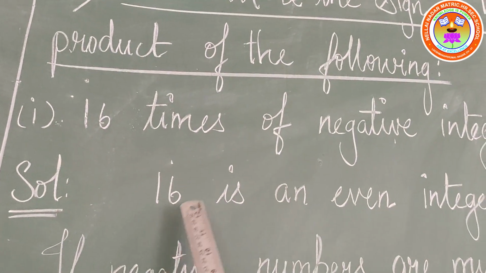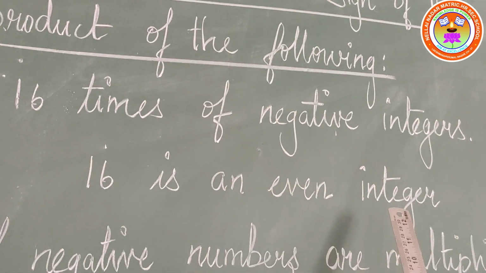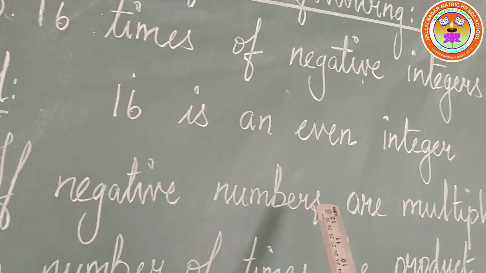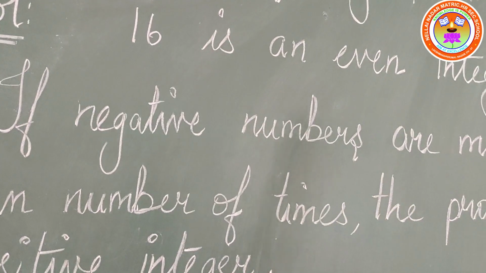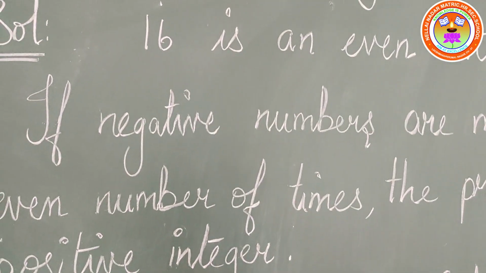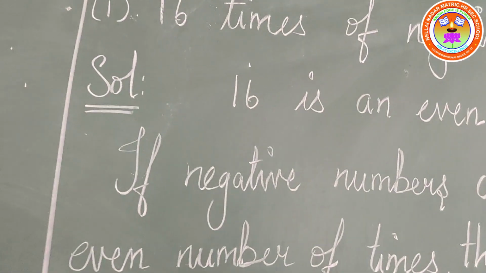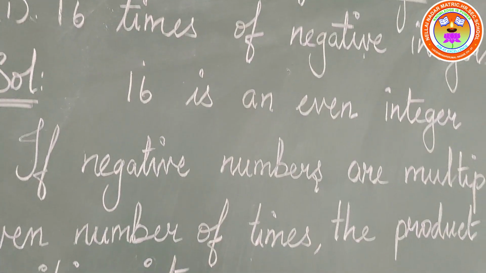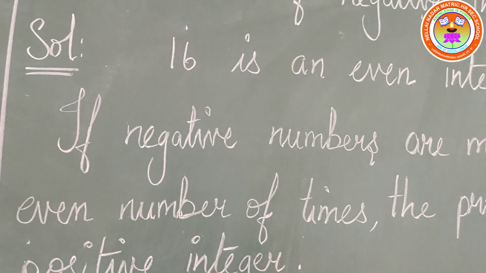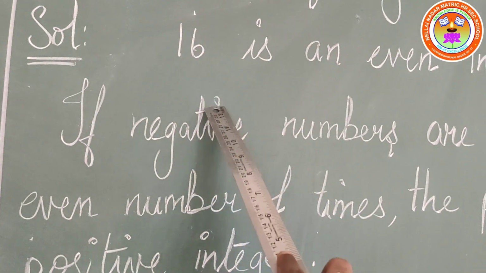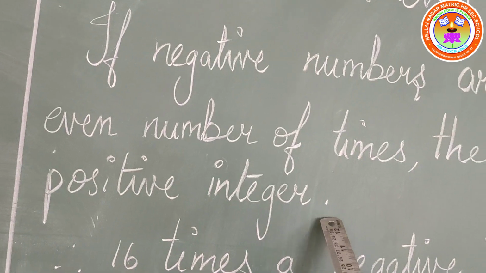Now 16 is an even integer. Yes or no? 16 is an even number. Now if negative numbers are multiplied even number of times, suppose I am taking minus 2 and I am multiplying 16 times, that is even number of times, the answer will be a positive integer.